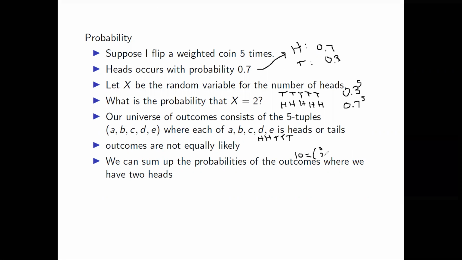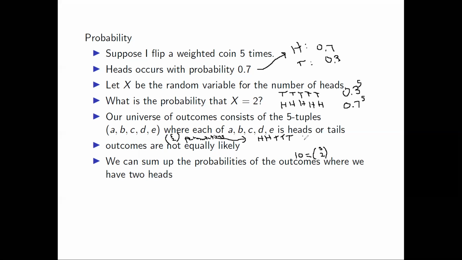So there was 5 choose 2 outcomes where we have two heads, because there's 5 choose 2 ways to permute that sequence HHTTT.